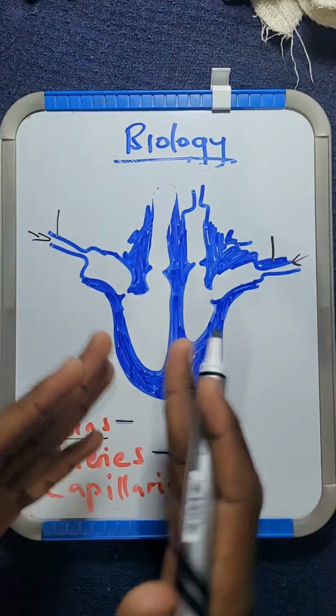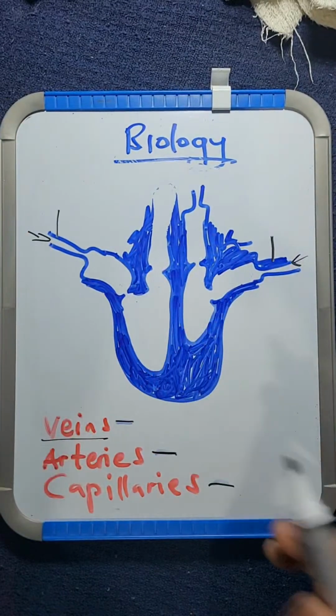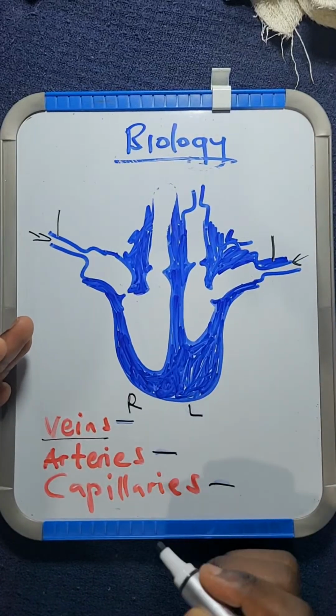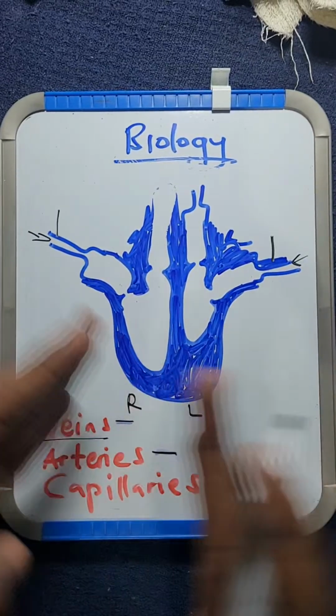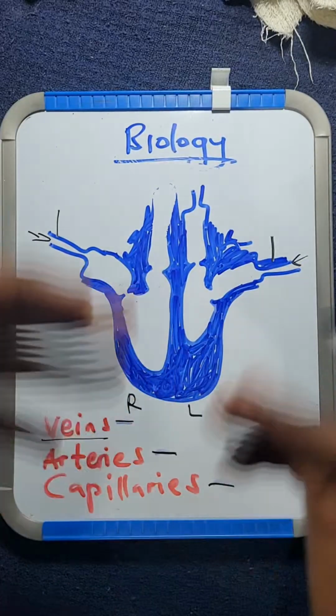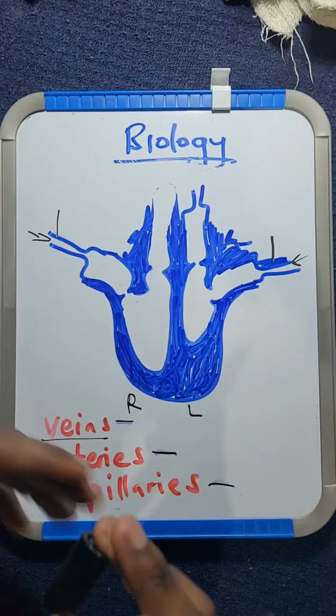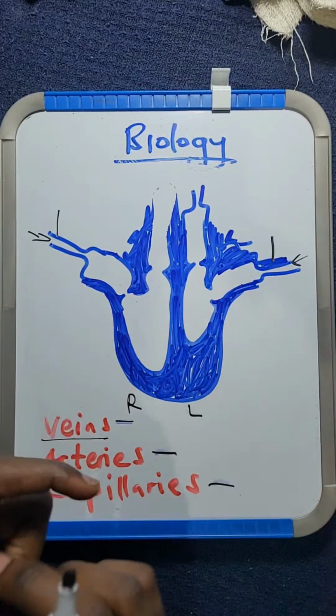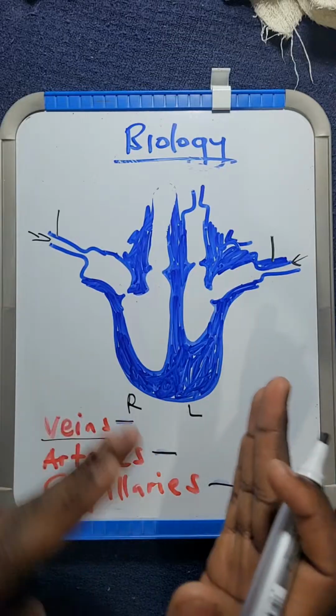Now, when you look at this heart, it has two sides: the right side and the left side. If you've noticed, I have swapped because the heart is opposite to you, meaning your left side is the right side for the heart and your right side is the left side for the heart.